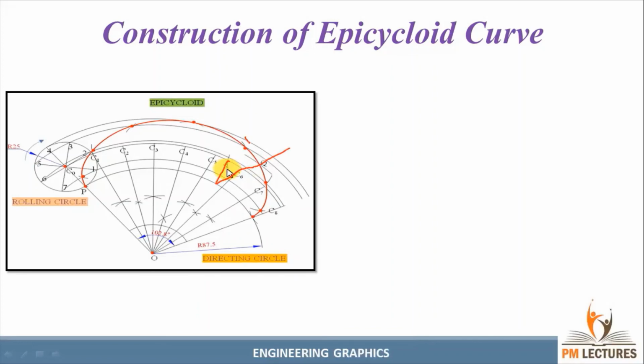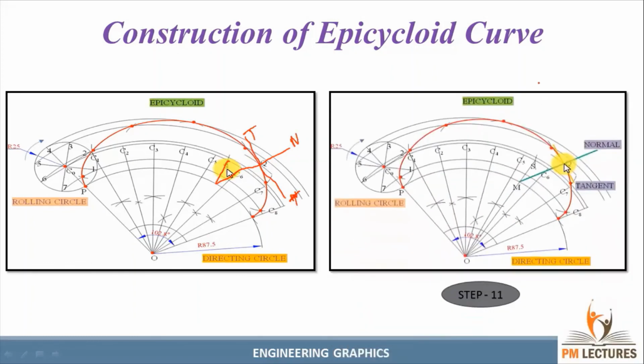Then you can draw the tangent line for this. This is the tangent line, and this is the normal line. So that's all, guys. It will look final like this. See here, we draw a perpendicular line and then the normal line and then the tangent line. Okay, that's all, guys. Thank you.